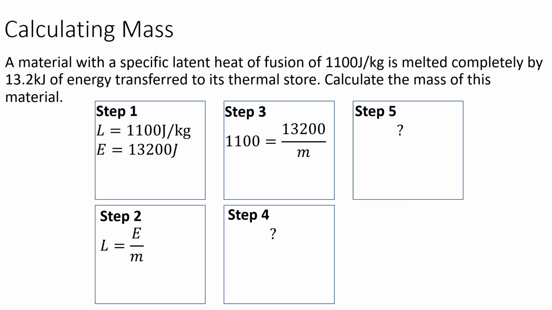So this time, we'll need to convert the energy into SI units. So we know that 13.2 kilojoules is in fact 13,200 joules. So again, complete steps 1 to 3 and do steps 4 and 5 yourselves.